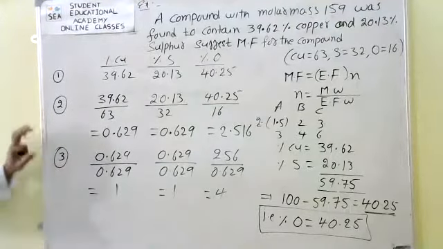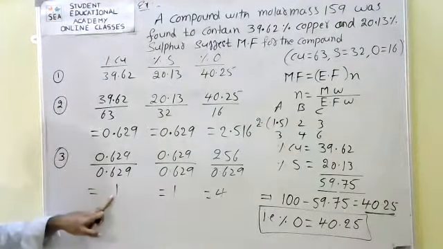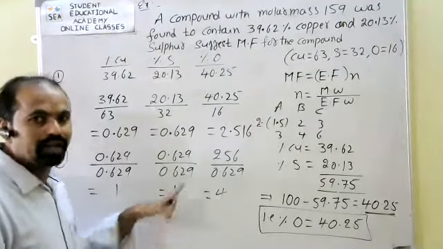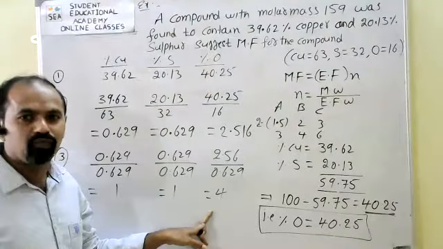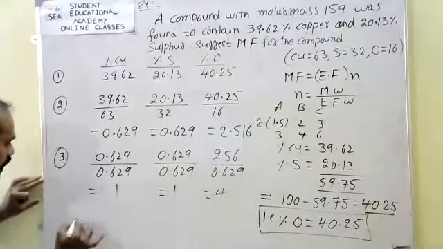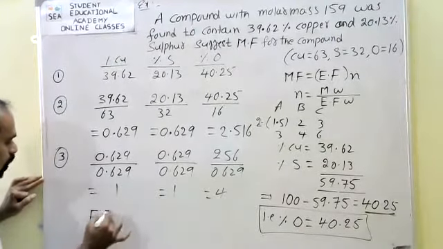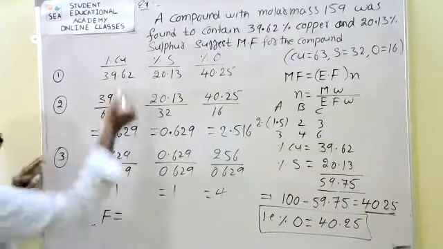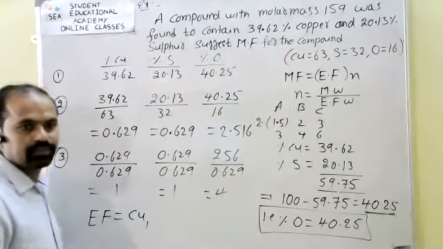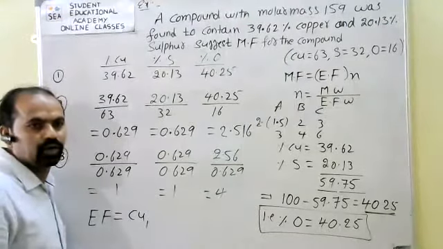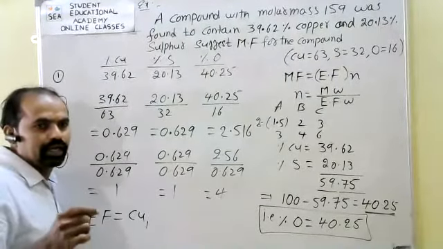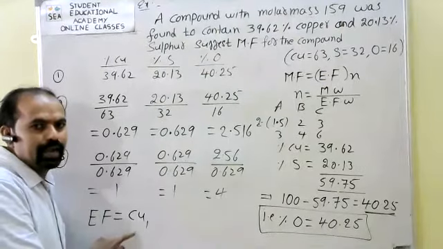After that, here, coppers, how many do we get? 1. Sulfur, how many do we get? 1. Oxygen, how many do we get? 4. That is called the empirical formula. Therefore, empirical formula equals the number of coppers, 1, the whole number ratios, these are treated as the empirical formula.